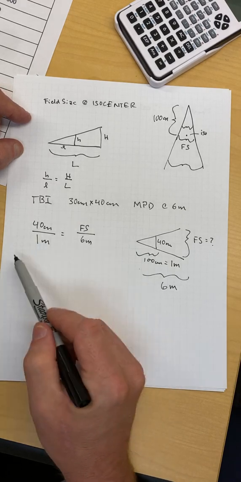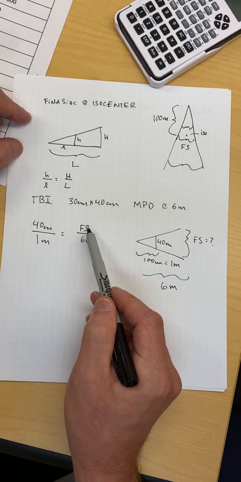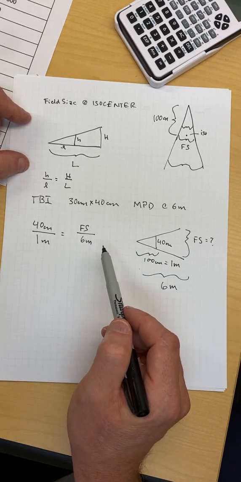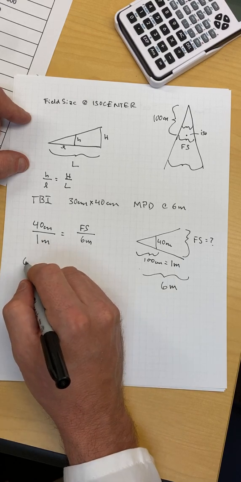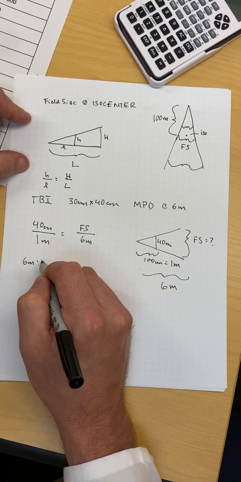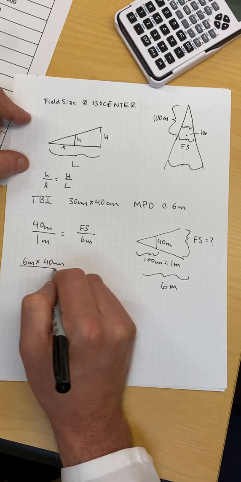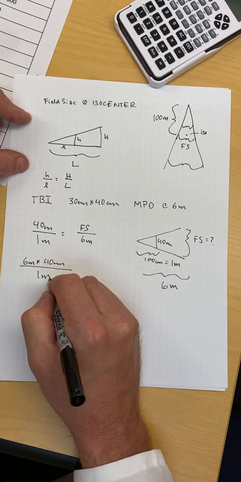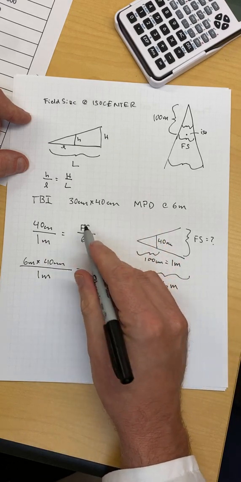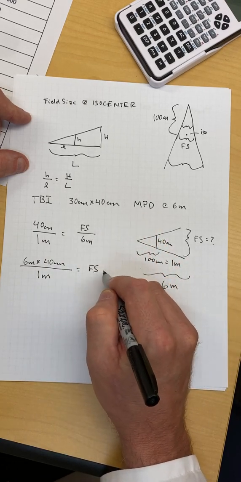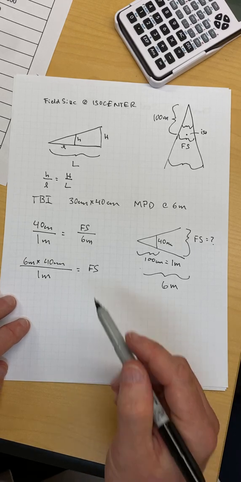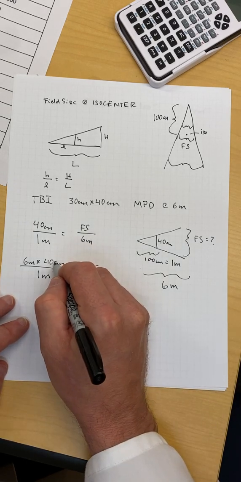And in this equation, all I have to do is solve for the field size. So to do that, I'm going to multiply both sides by 6 meters. So I'm going to get 6 meters times 40 centimeters divided by 1 meter is equal to the field size. And you can see the units don't actually match up, right?